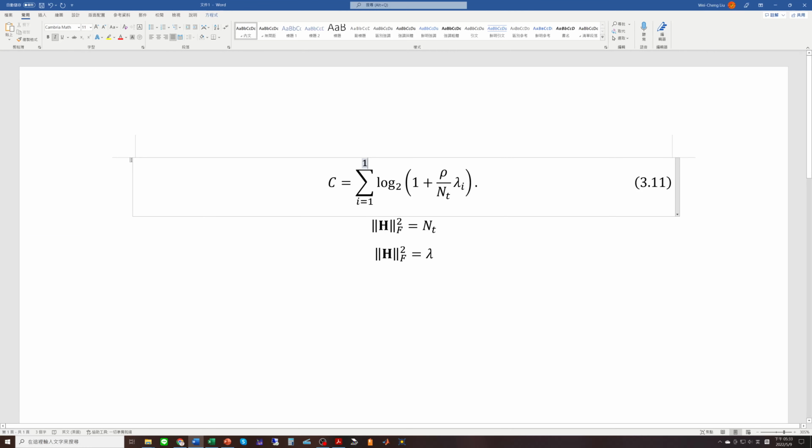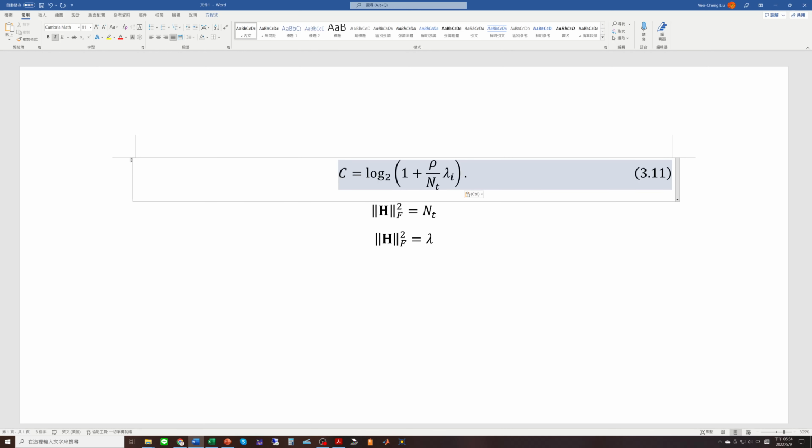Because R is equal to 1, there is only one term in this summation, so we can delete the summation here. Now the capacity is equal to this equation.